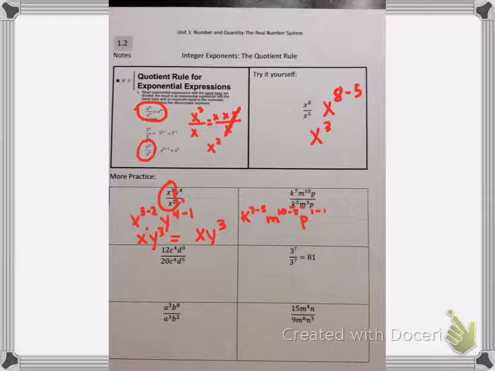So k would be to the power of 2, m would be to the power of 7, and 1 minus 1 is a power of 0, which means there's nothing there. That all cancels to just the number 1. So my answer is k to the 2nd, m to the 7th.